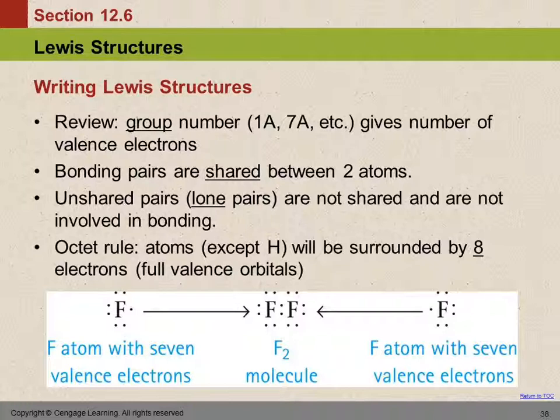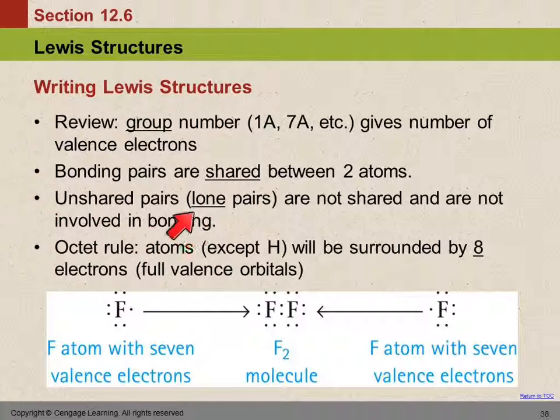So when we write Lewis structures, this is what we do. The group number, and those are the A numbers, 1A, 2A, 3A, etc., gives us the number of valence electrons. And we have bonding pairs, which are electrons that get shared between two atoms. There are also unshared pairs.